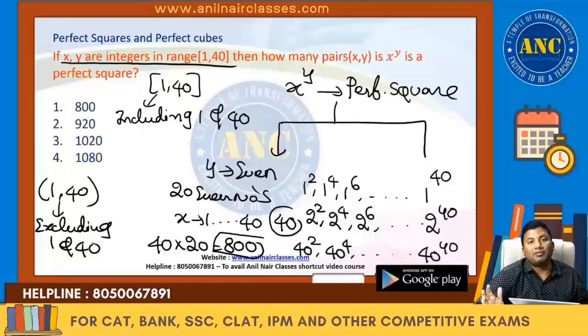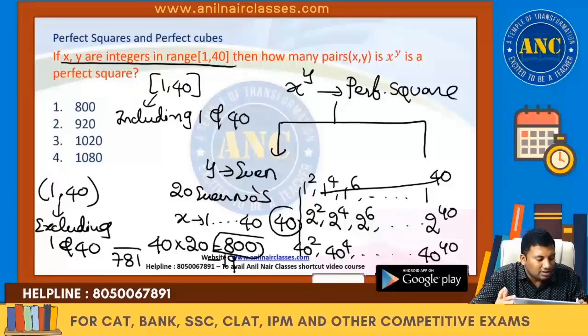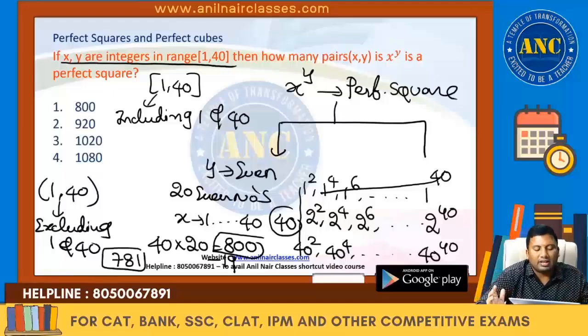Perfect square means the power will be an even number. So for each value from 2 to 40 there are 20, like that 40 numbers. 40 into 20 is 800. In this, 19 values will give the same number. 800 minus 19 is 781. Are you all with me?